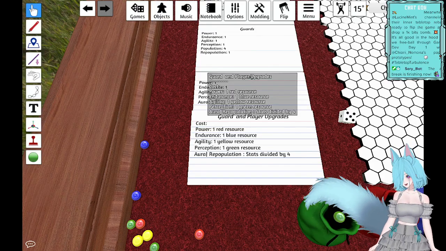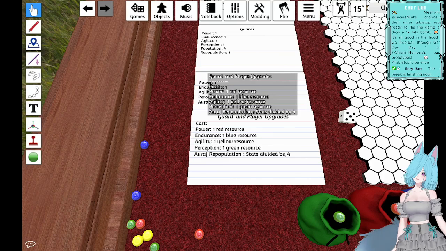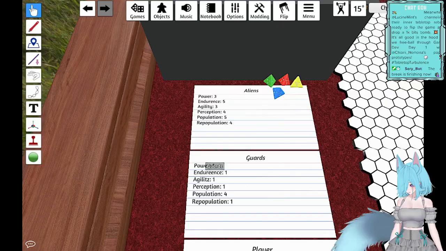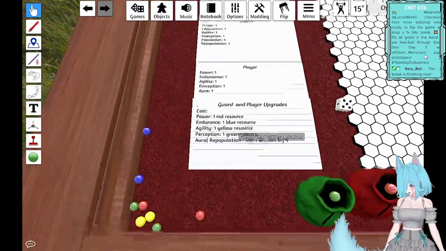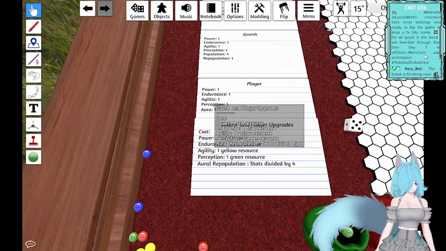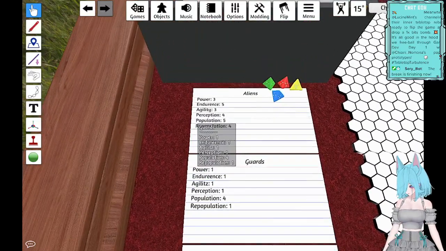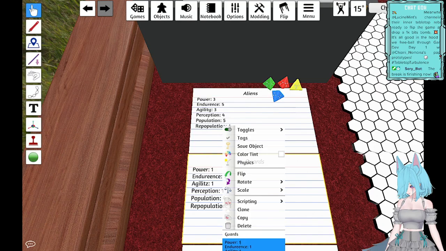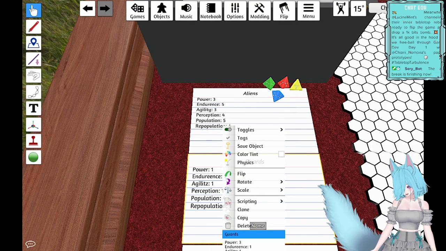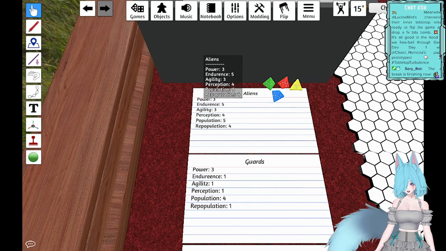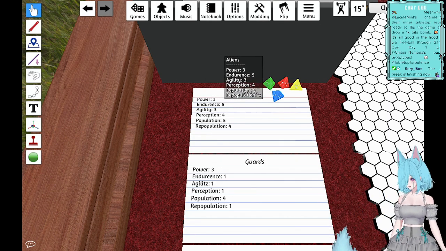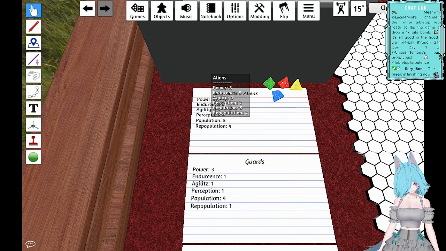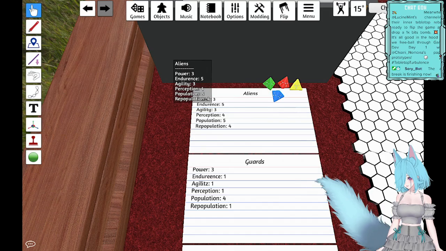So we can divide the, we can go into power, which if we invest 2 power into the guards, which I think we're gonna do. So get the guards 2 power, which means they have now 3 power, which matches the power of the aliens, but in case of power and endurance, it is actually in reverse.